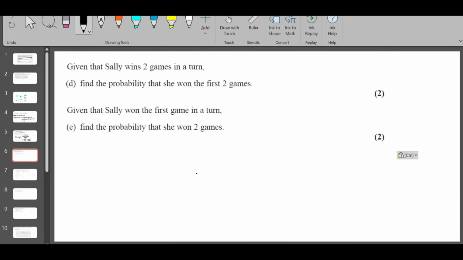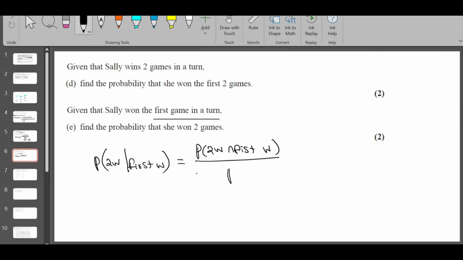Part E now. Given that Sally won the first game in a turn, that's a condition. Find the probability that she won exactly 2 games. So that's a conditional probability. You need to find the intersection of 2 win and first win, divided by P of first win.